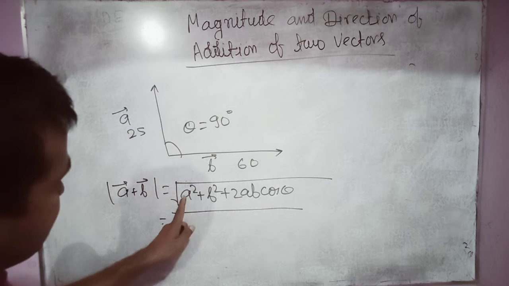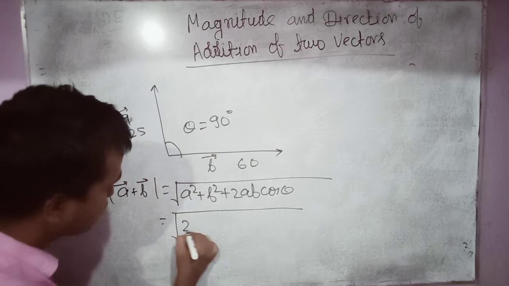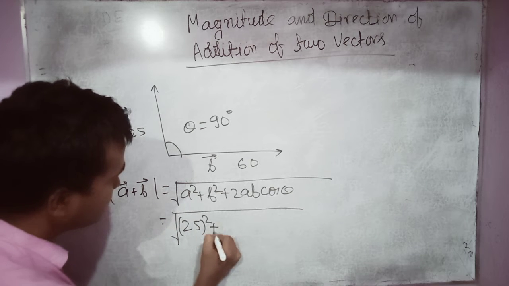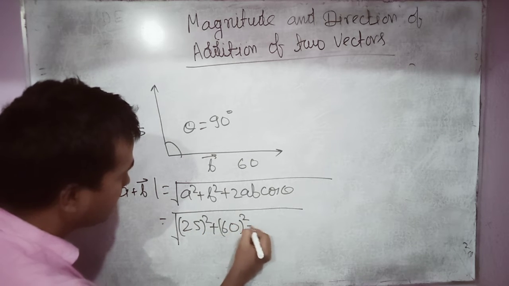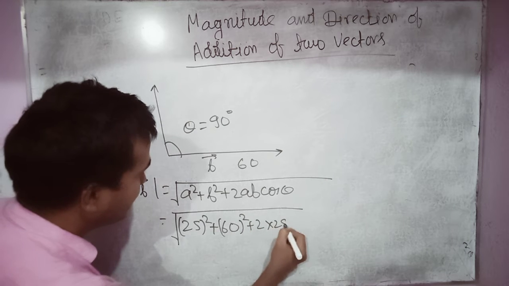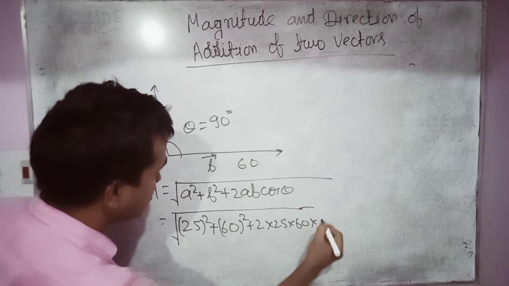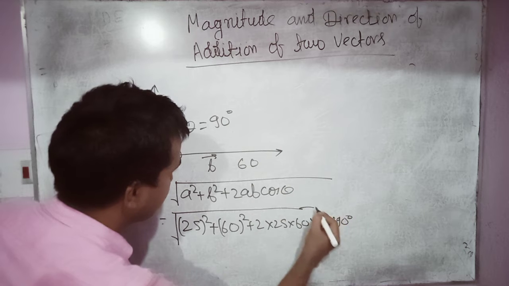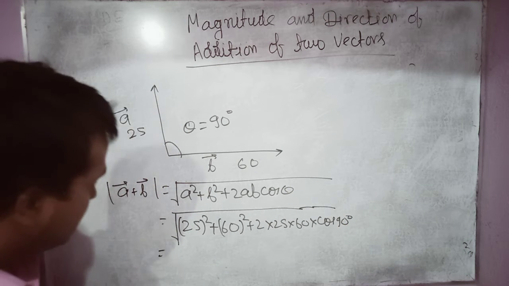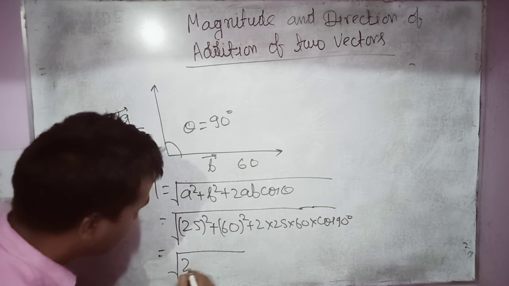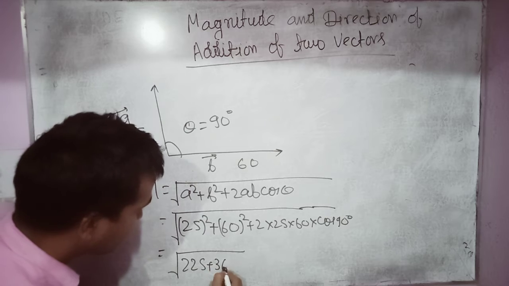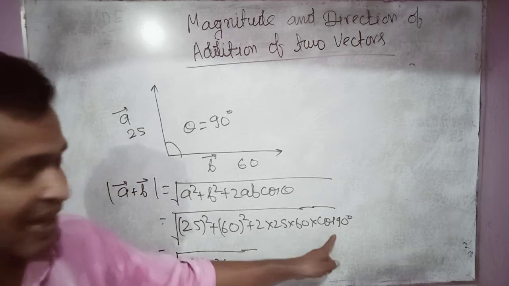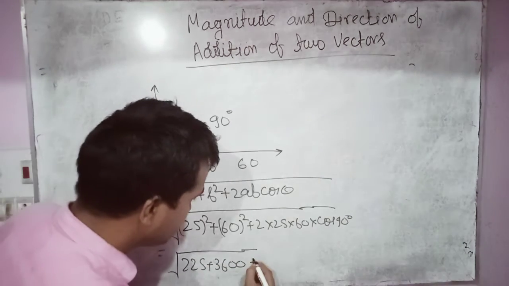So we will put the values. What is the value of A? This is the magnitude of vector A. It is 25 square plus 60 square plus 2 into 25 into 60 cos 90 degrees. As we know, 25 square has a value 625 plus 3600. As we know, cos 90 has value 0, so this term becomes 0.